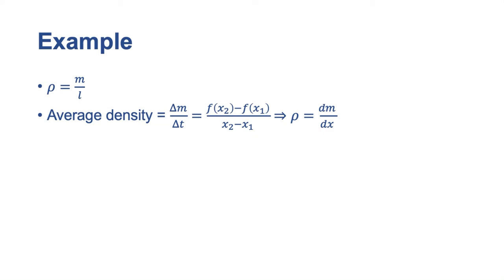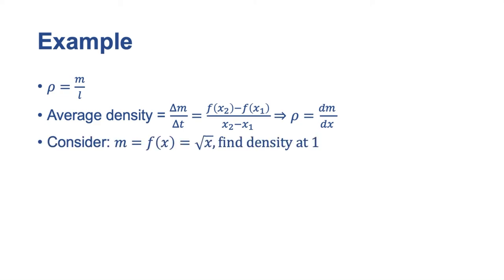And of course that means that we can change those deltas to differentials, giving us dm/dx. You can imagine this as a rod, and we're trying to find the density at a point on the rod.